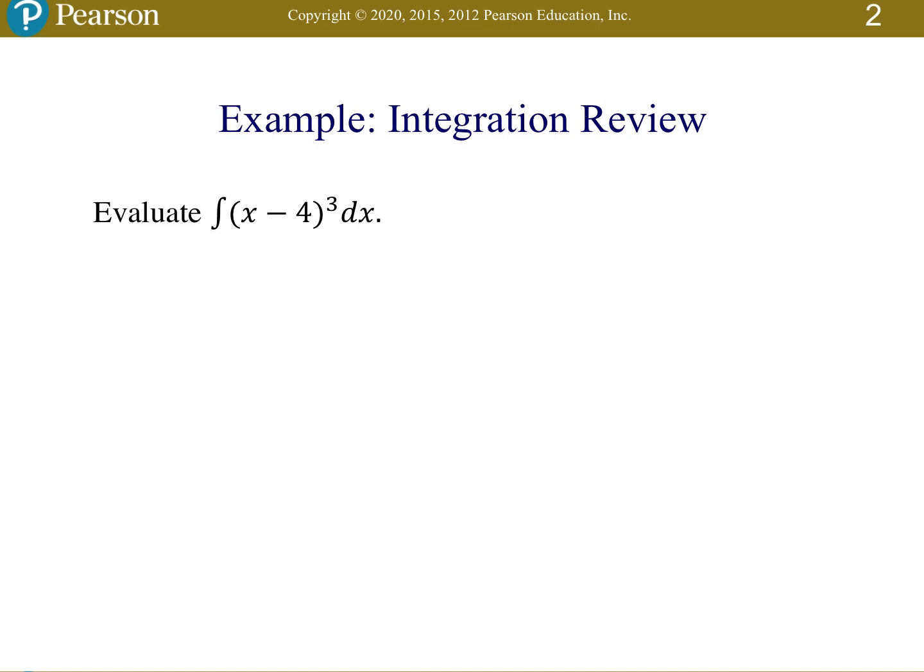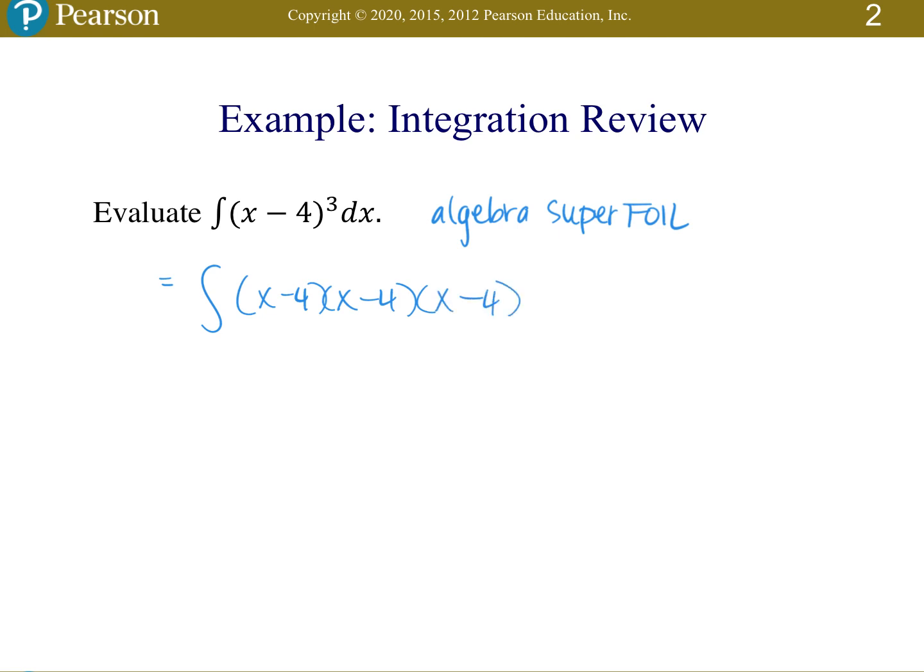All right, so for example, before today, the only way you had to find the antiderivative of this was to first do the algebra superfoil. So you would need to take algebra and do a superfoil to it. It would become x minus 4 times another x minus 4 times another x minus 4, and then a dx. You'd have to do a lot of algebra before your calculus could happen.